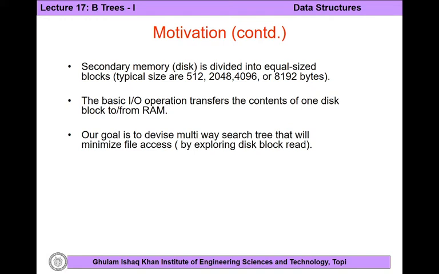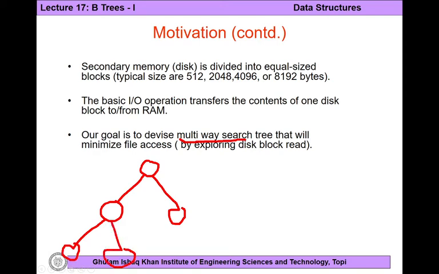the goal here is to devise a tree which is a multi-way search tree, right? So far you have covered binary trees, binary search trees, and you have read about AVL trees, where we used to have a node and the node had 2 children, and the 2 children may have multiple children further.